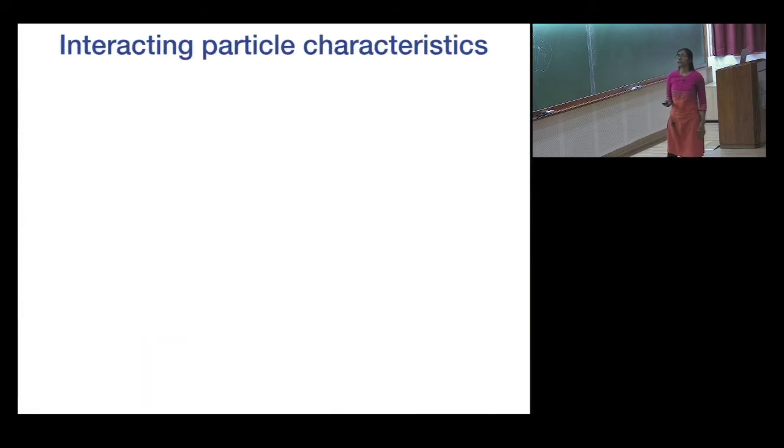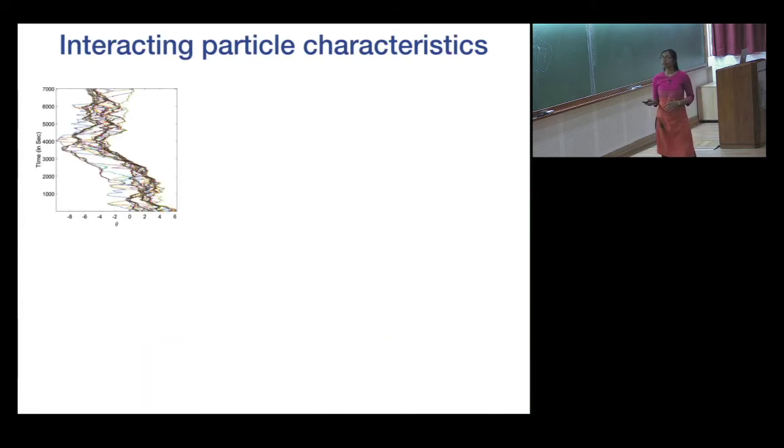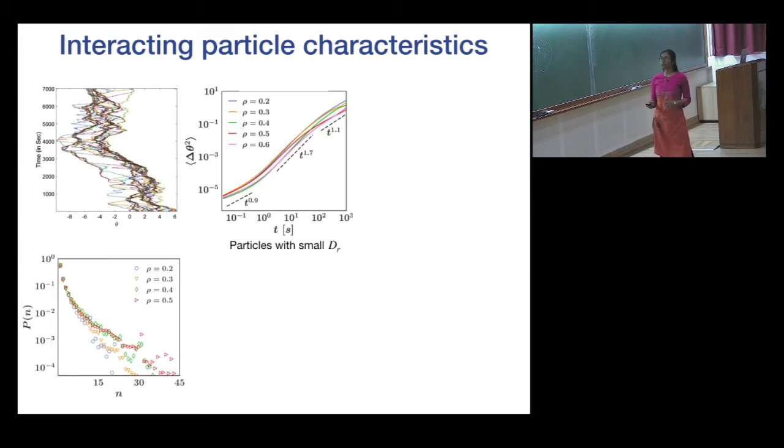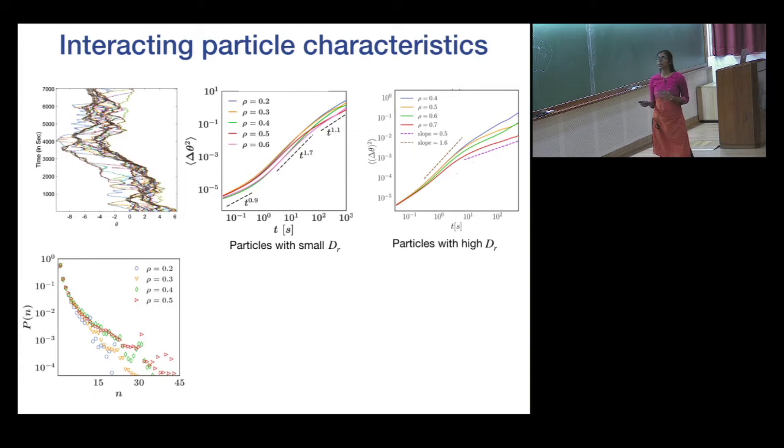We also studied the interacting particle characteristics, and these are the typical trajectories, but I will not go into the detail because of time constraints. Just to show here, for the passive system I mentioned there is subdiffusive behavior observed in the experiments. Here also we see that the transition time from the superdiffusive behavior to the subdiffusive behavior really depends on the rotational diffusion constant.